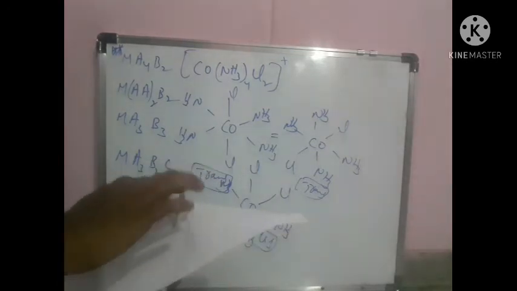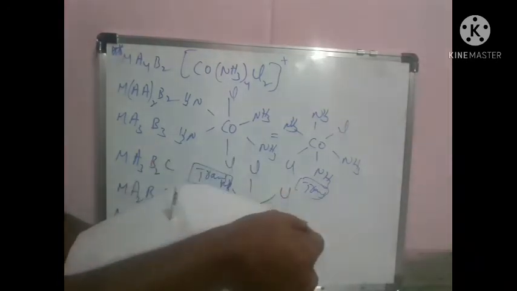Let us take this as a square planar arrangement, where Cl is present here and Cl is present here. The same side has Cl, so it is called cis.